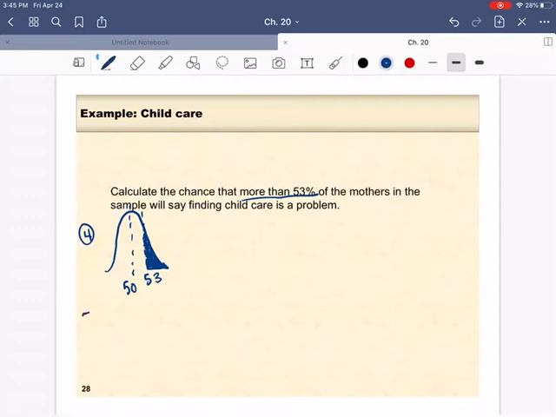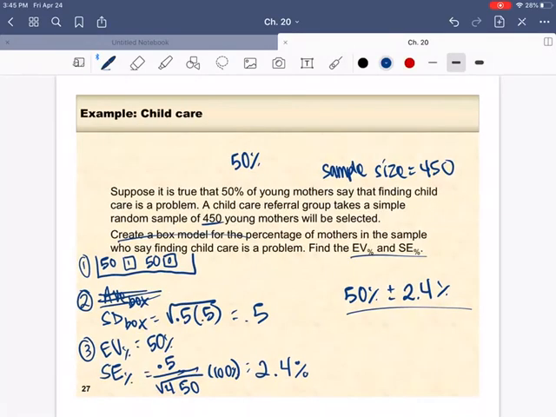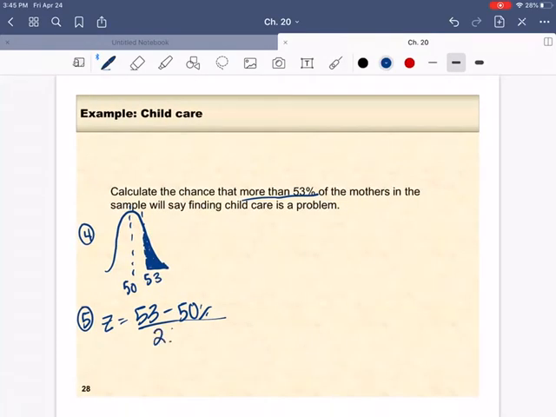Okay, step 5 is z-score. We want 53%. We expect 50%, give or take 2.4%. And these are all percent, so you do not have to change them, as I said a few minutes ago.